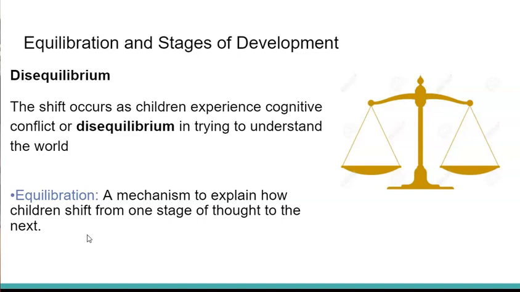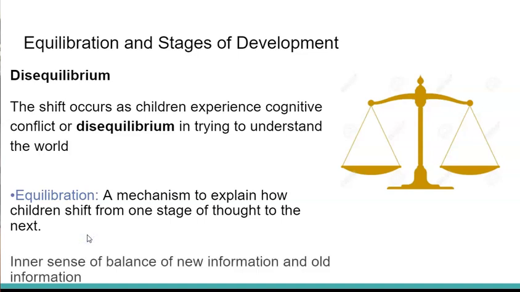She was going through disequilibrium when she saw this cat but only understood it as a dog. So equilibration is when children have this inner sense of balance between new information and old information.